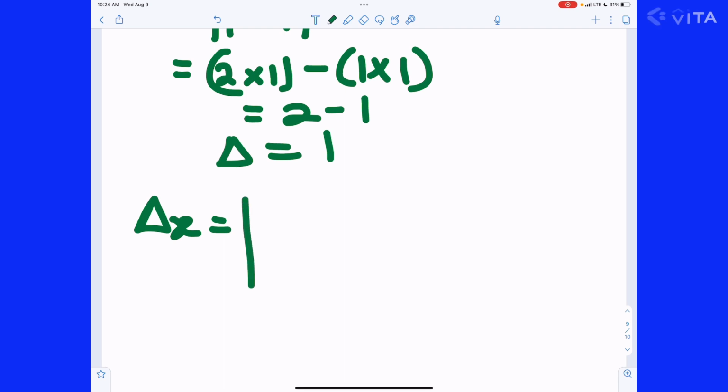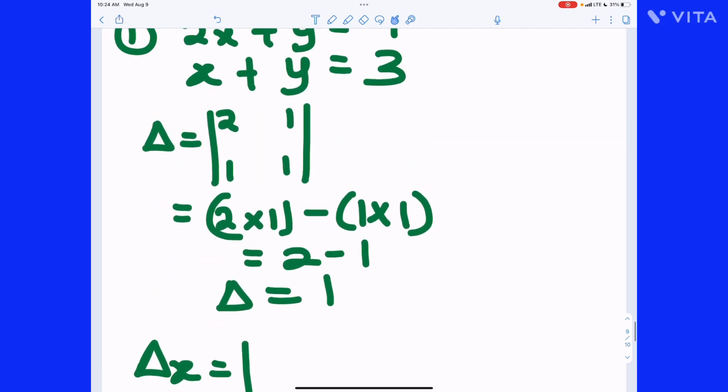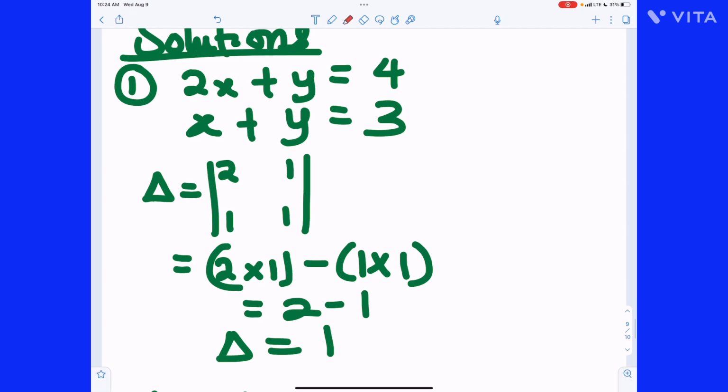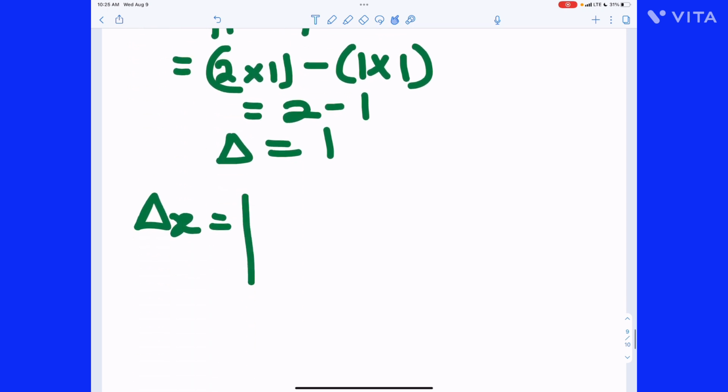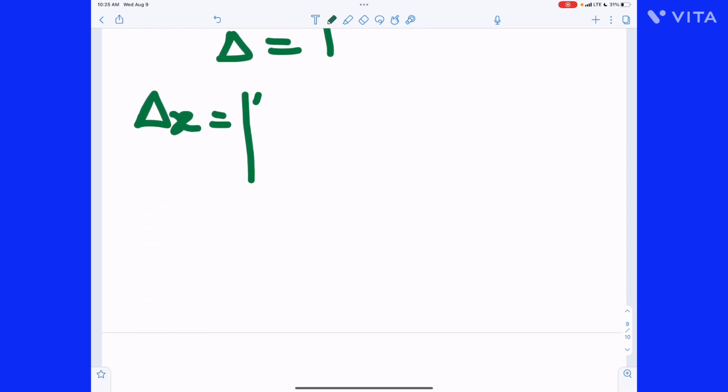I'll now go ahead and get delta x. To get delta x, I'll come to this determinant and change the coefficients of x, which are 2 and 1, to the constants outside, 4 and 3. So for delta x, instead of 2, 1, I'm going to write 4, 3, 1, 1.